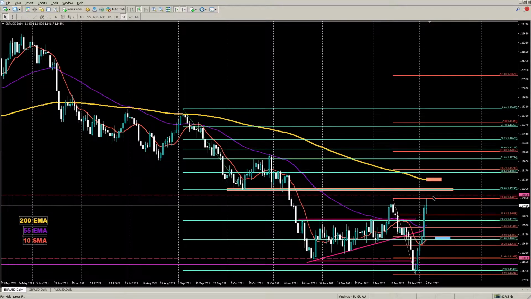And if it does break this 0.0 at 115, a key round figure resistance, it could very well target this 78.6 retracement as well as this 138 Fib extension.